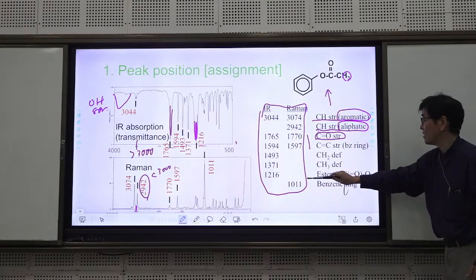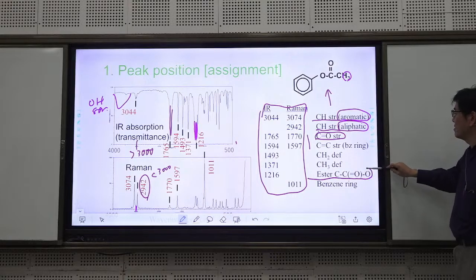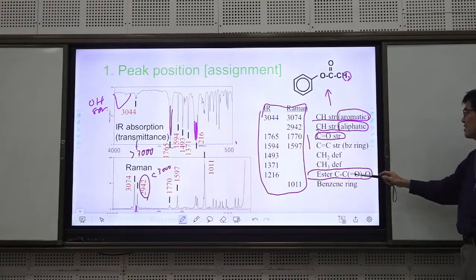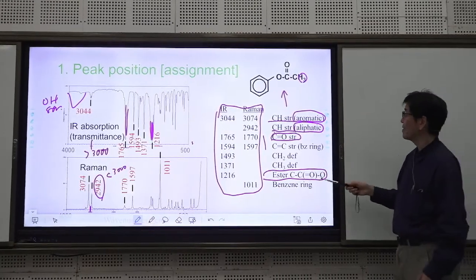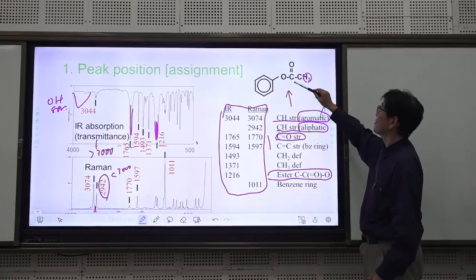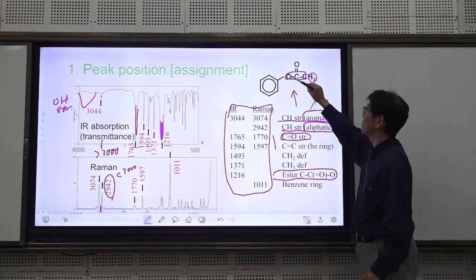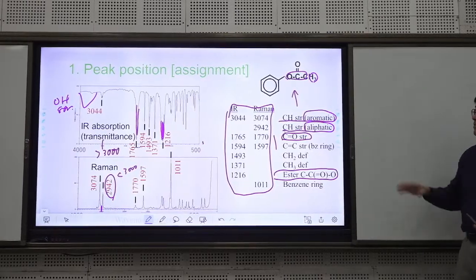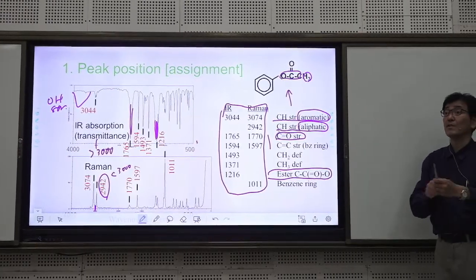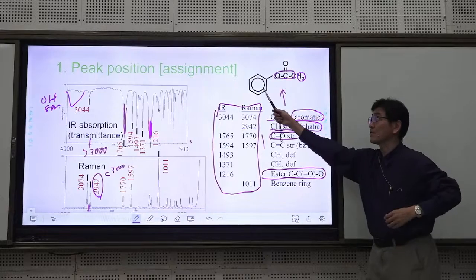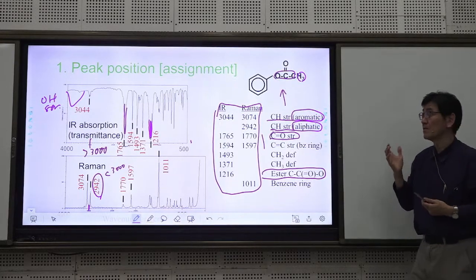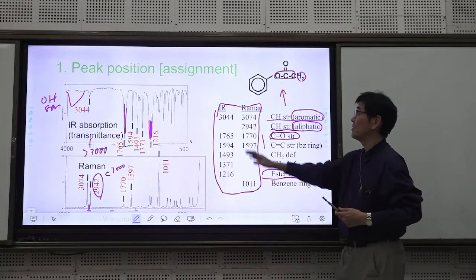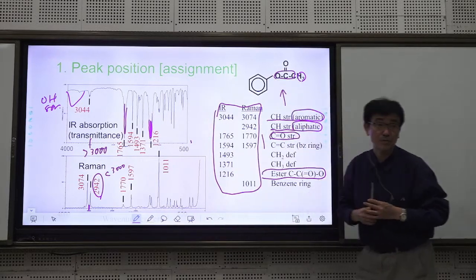And it gives evidence of the ester, COOC, CCO stretching and bending. So there must be an ester bond. By checking the assignments, we can estimate the molecular structure. This is the first thing you should do in vibrational spectroscopy.